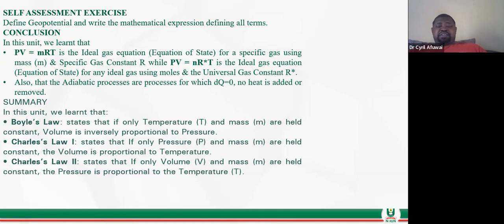Charles' law 2 states that if only volume V and mass m are held constant, the pressure is proportional to temperature. Please make sure you learn all these laws and the equations of state as they are written at different conditions.